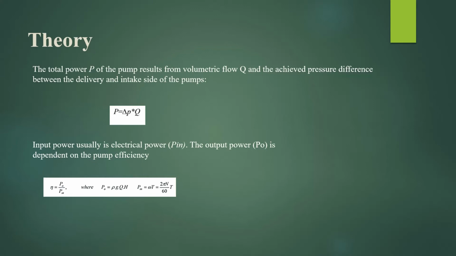Now, the theory. The total power P of the pump results from the volumetric flow Q and the achieved pressure difference between the delivery and intake side of the pump.